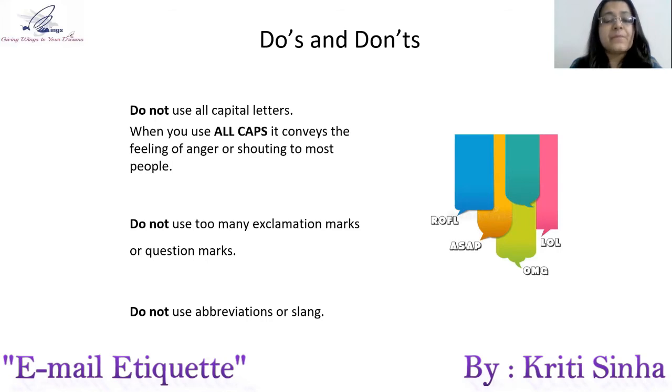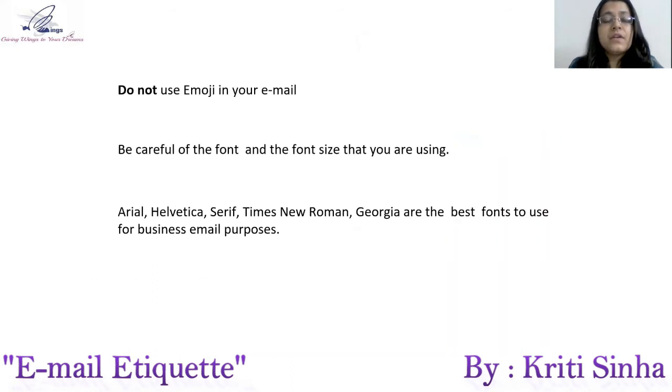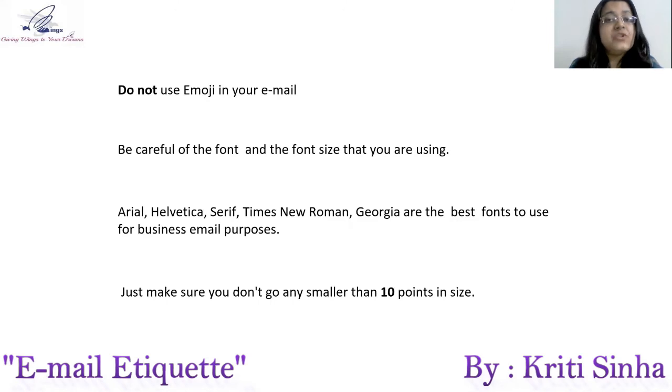Refrain from using abbreviations or slang. Now, do not use emoji in your email. Emoji is a feature which is available in the email, but do not use it. If you are writing to your friend or relative, then that is okay. In that case, you can use emoji. But if you are writing an email to a professional person, then do not use emojis.